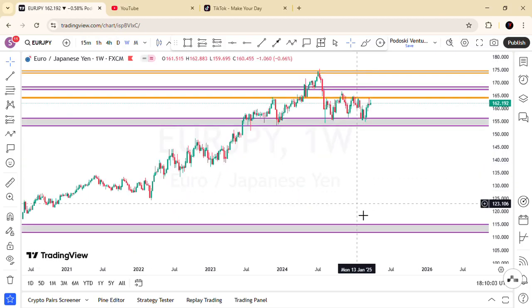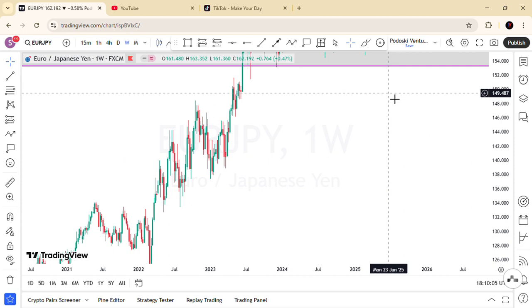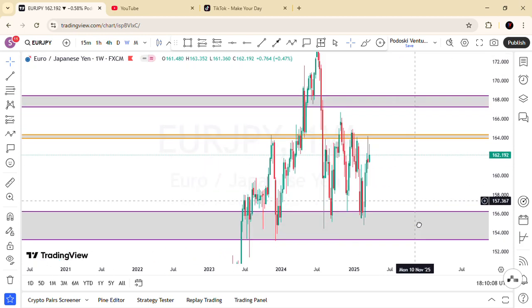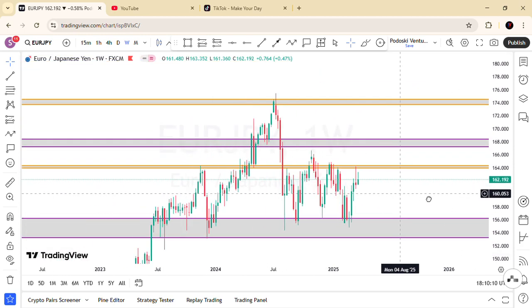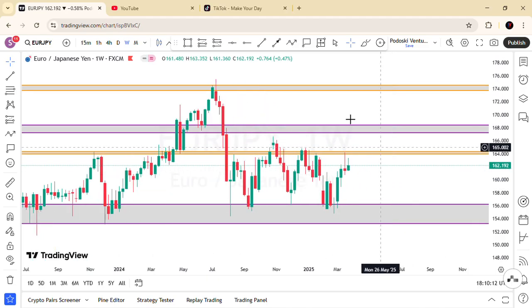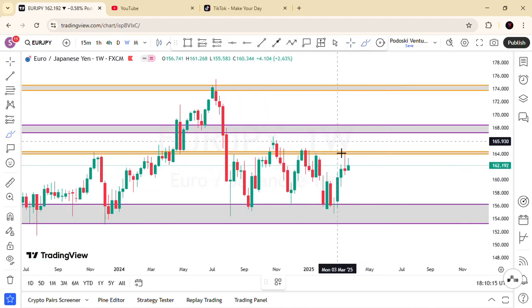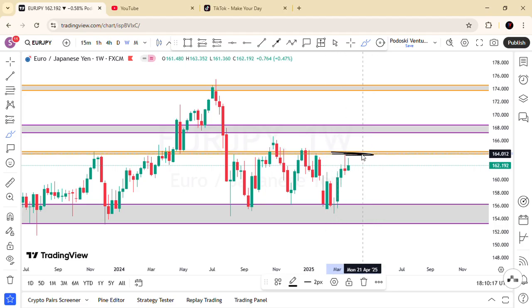Let's go to the weekly time frame and see what price is doing. On the weekly time frame on Euro JPY, I have my weekly upper zone here and my weekly midway zone here, and my monthly upper zone and monthly midway zone here.